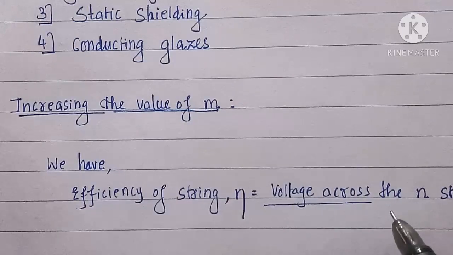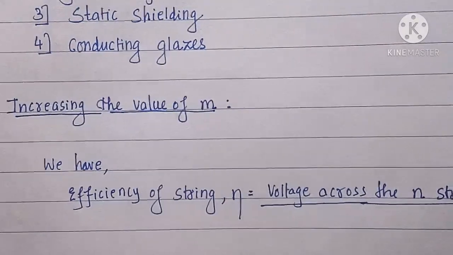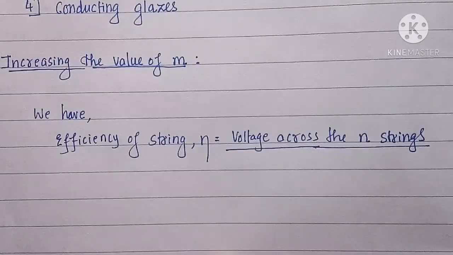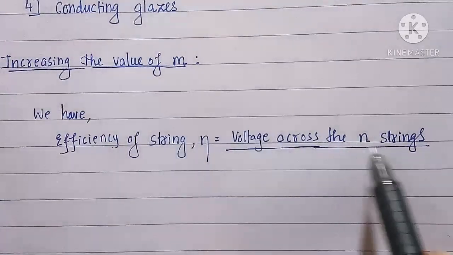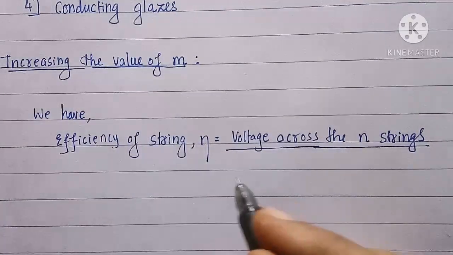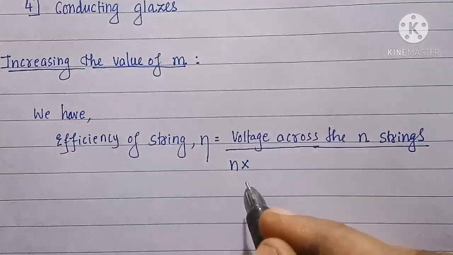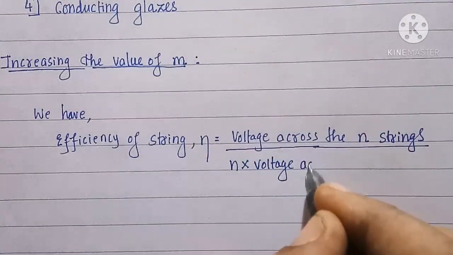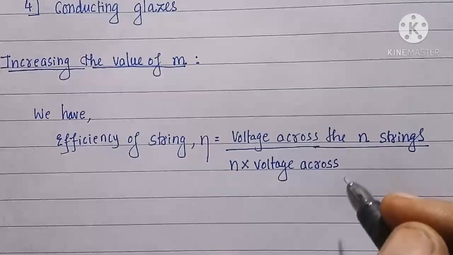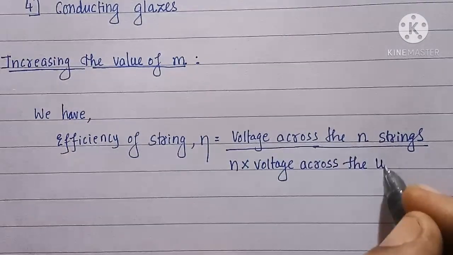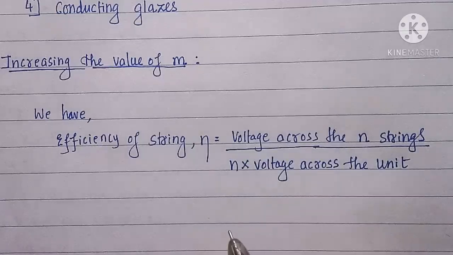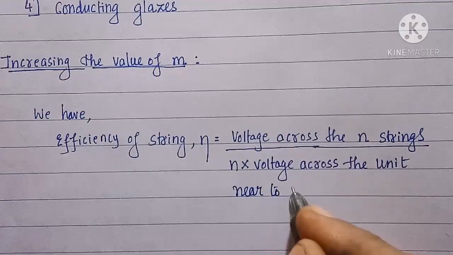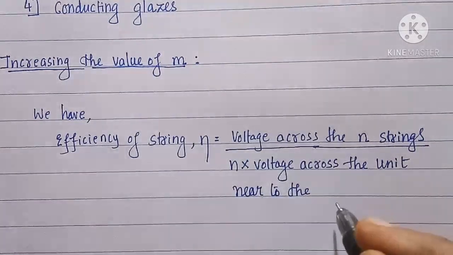Divided by voltage across the n strings divided by n into voltage across the unit near to the power conductor.